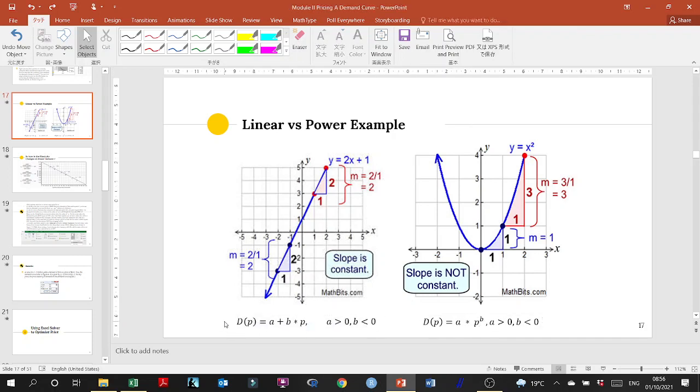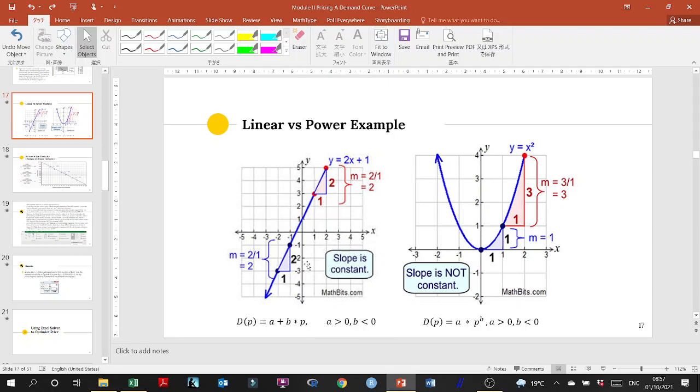Similarly over here, you say the demand function of price is equal to A minus B times P, and you don't need to say any of that. But if you want to say it as a plus, A plus B times P, then you need to specify that B is less than 0, because the slope is always negative.